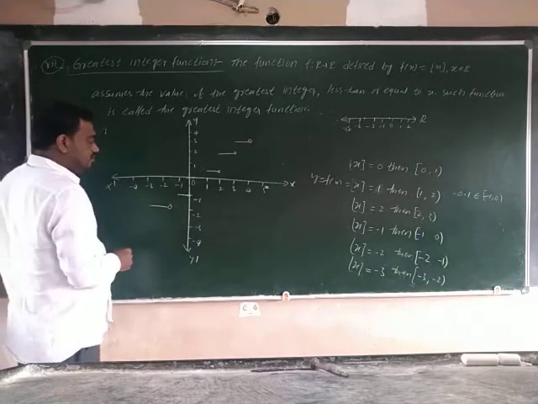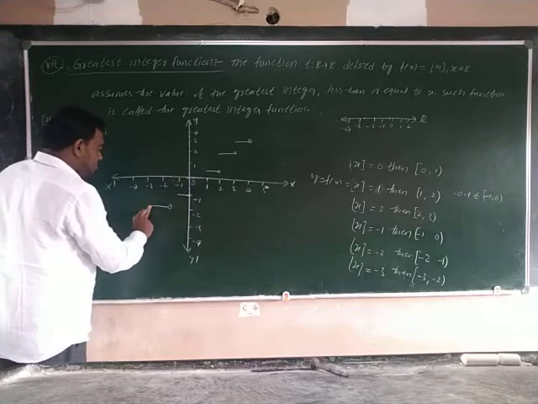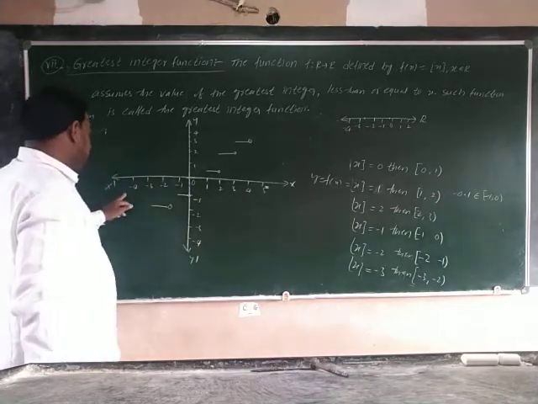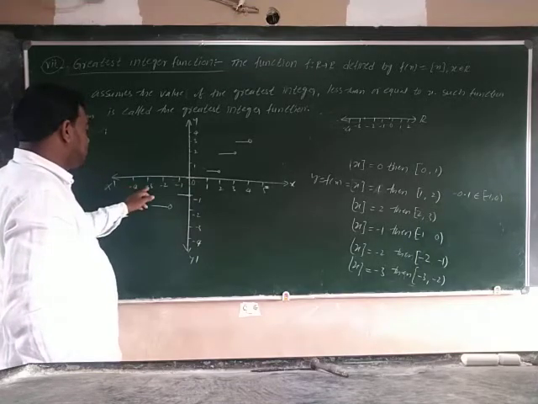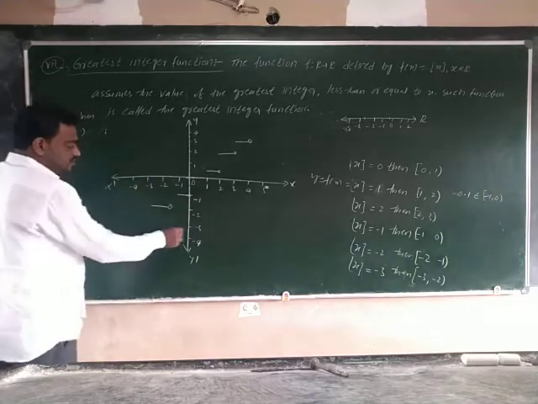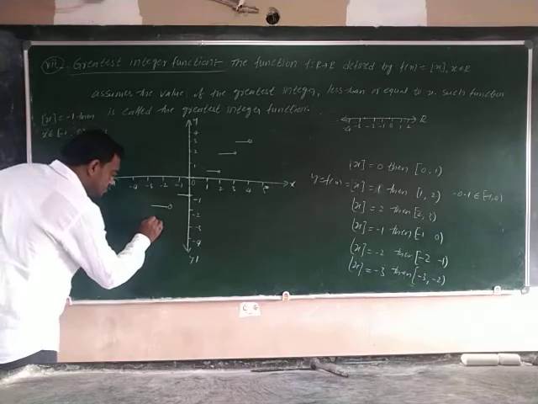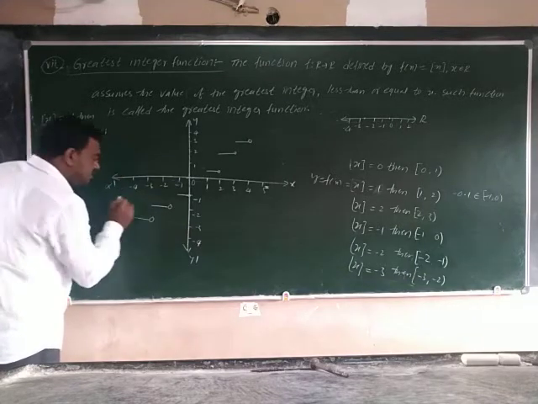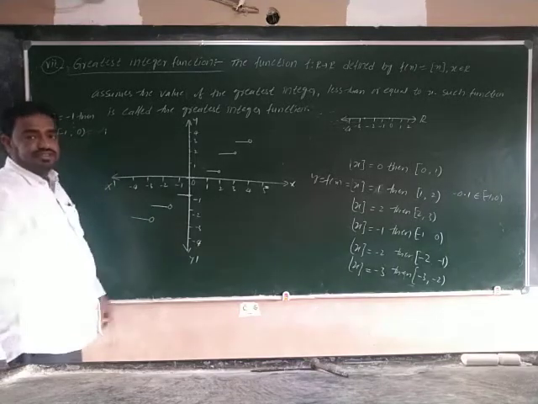This is the graph. Next, in the interval -3 to -2, y is equal to -3 we are getting. So -2 is excluded, -3 is included. So this is the graph.